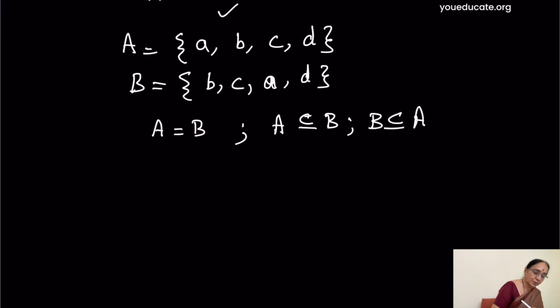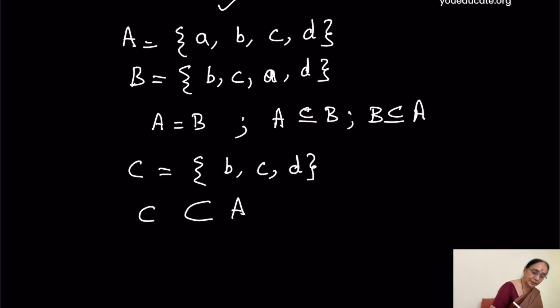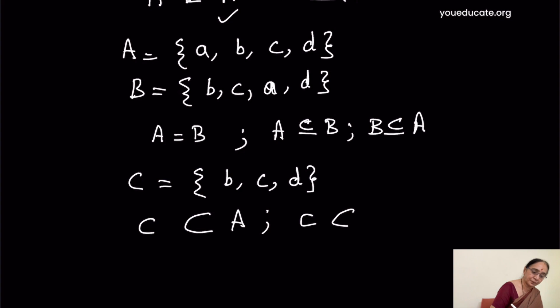Now, what if I take C to be B, C, D? Now, C is a subset of A. I don't put equal to now because the number of elements in C is less than the number of elements in A. Similarly, I can write C is a subset of B as well.